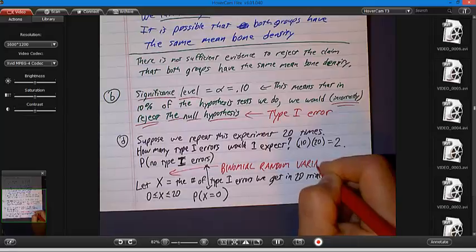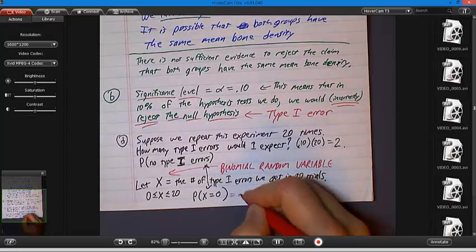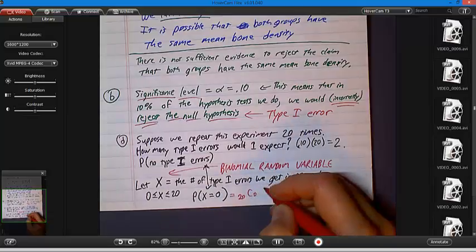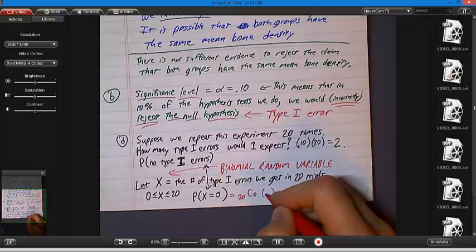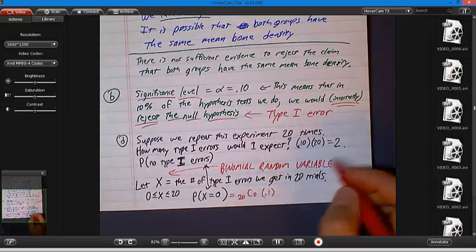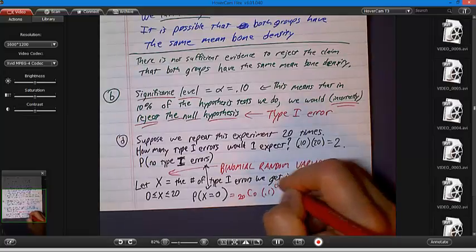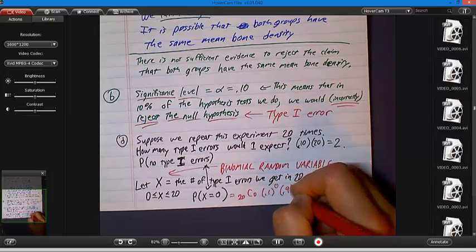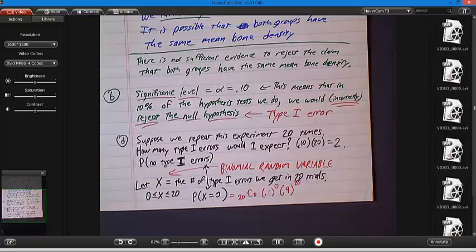And so the formula for that, the probability of x equaling 0, is 20 choose 0 times little p, the probability, which we know is 10%, to the 0, times 0.9 to the 20. Okay, so I could work that out and see exactly what I get.